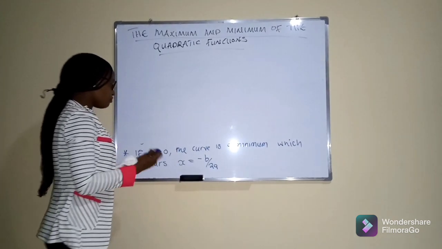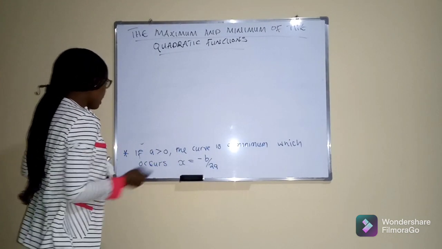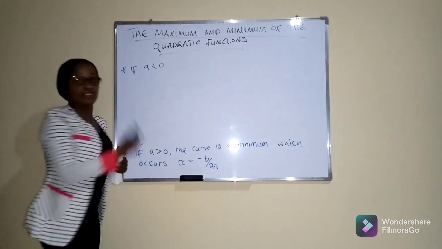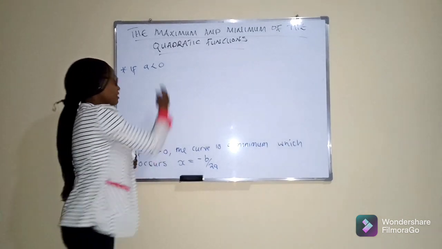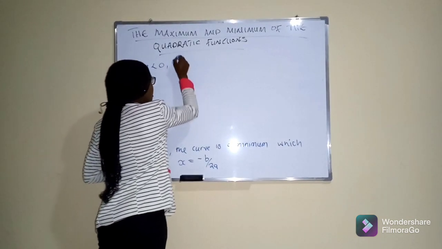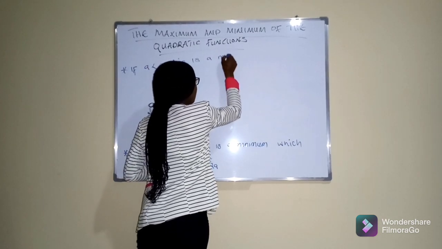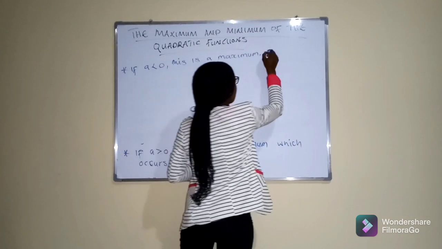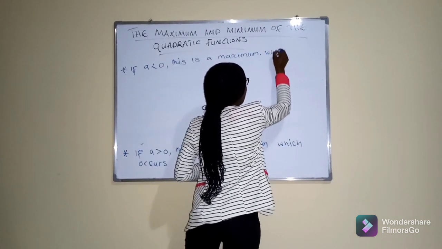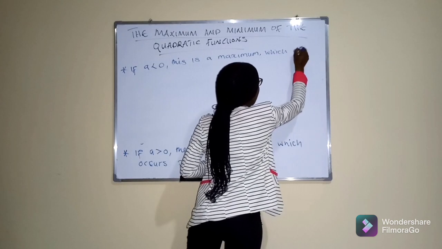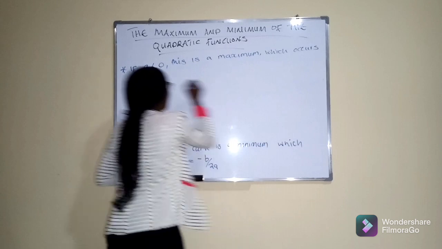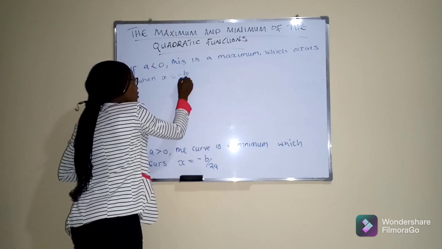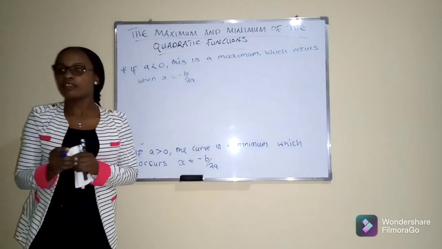And from the same function, when we complete the square, if a is less than 0, this means that this is a maximum, and this also occurs when x is equal to negative b over 2a.